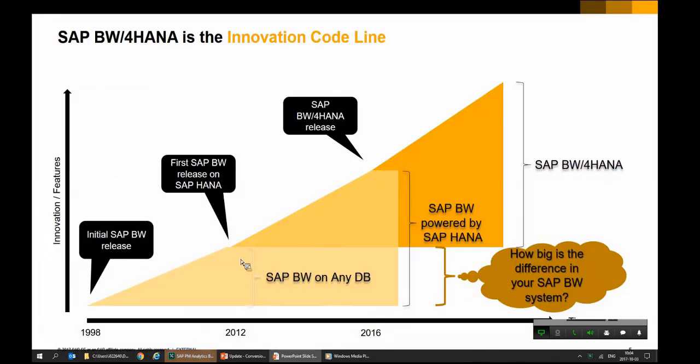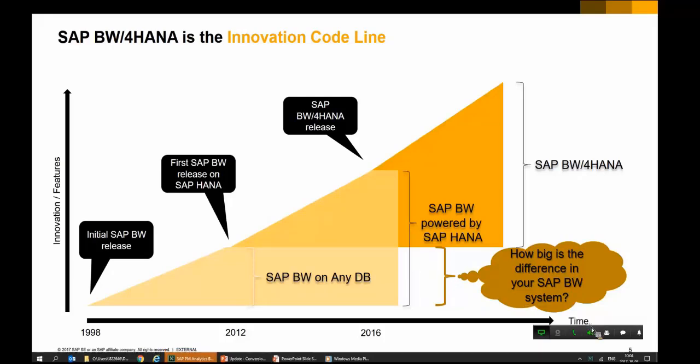So the key thing for you to understand is the difference between SAP BW code line and what we have done end of last year, 2016, by carving out a certain piece of BW and making this the starting point for BW4HANA.